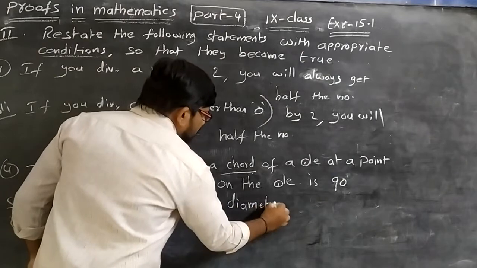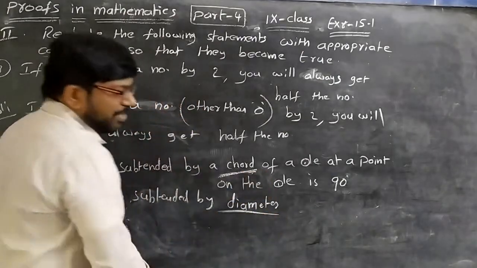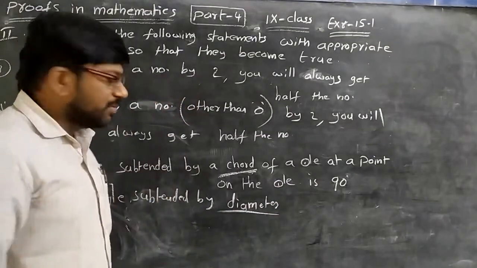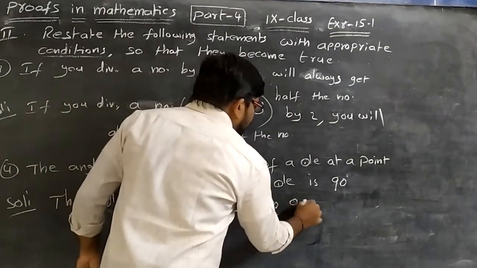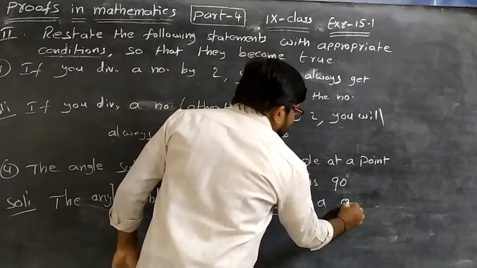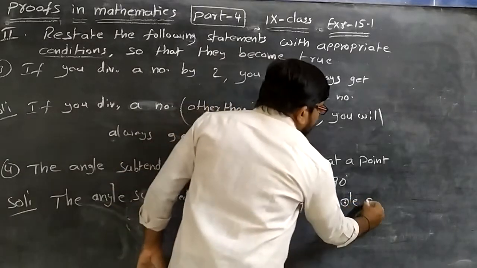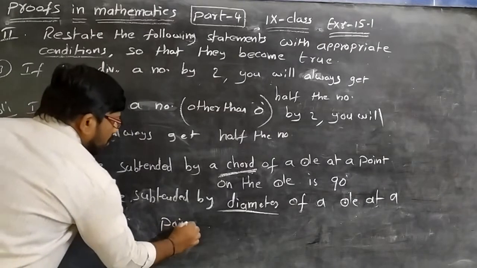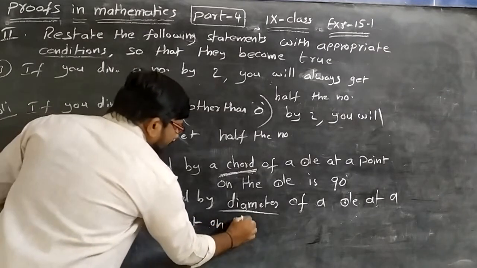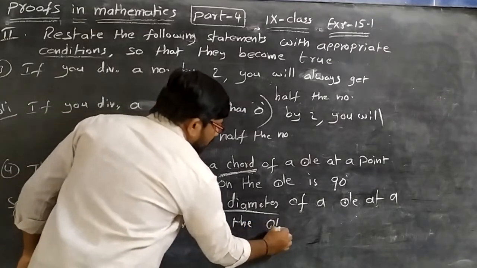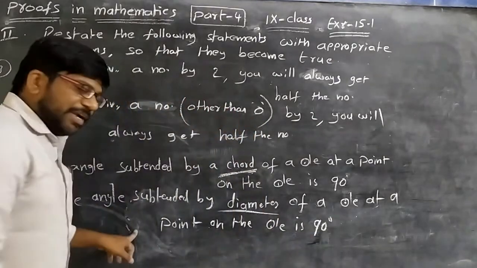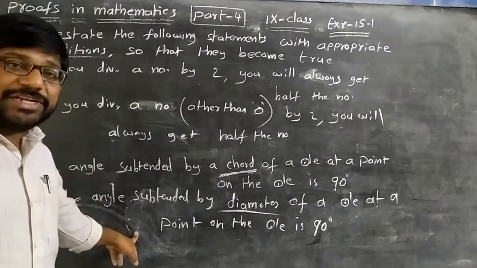So write diameter in place of chord. So only the diameter makes 90 degrees. Okay, the angle subtended by the diameter of a circle at a point on the circle is 90 degrees, then it is a true statement, right?